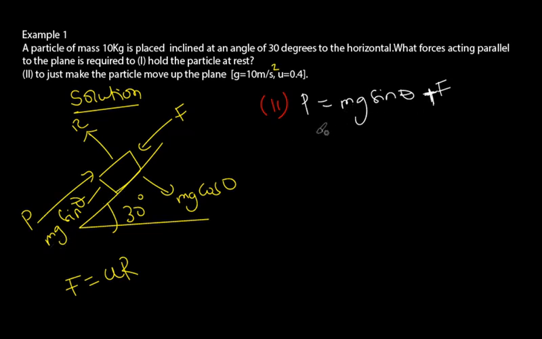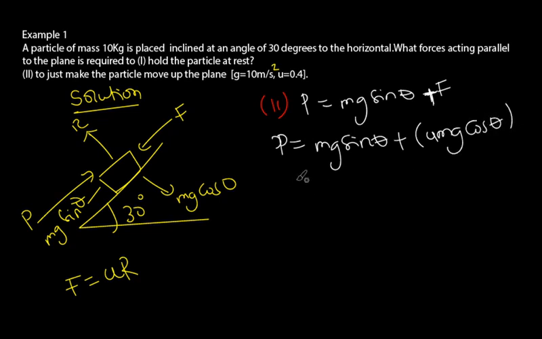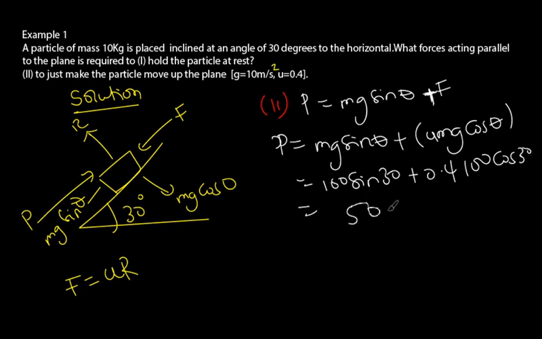So the force P that is required to just move the particle up the plane will be mg sine theta plus mu mg cos theta. So this will be 100 sine 30 plus 0.4 times 100 cos 30. If we input this into the calculator, we'll get 50 plus what?